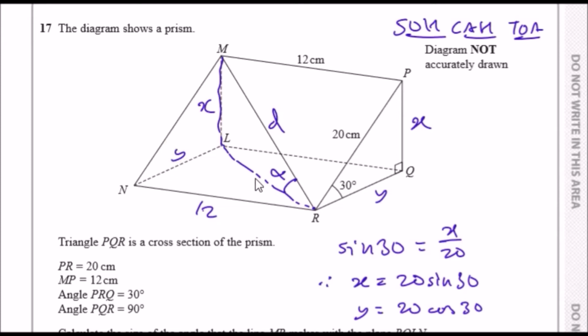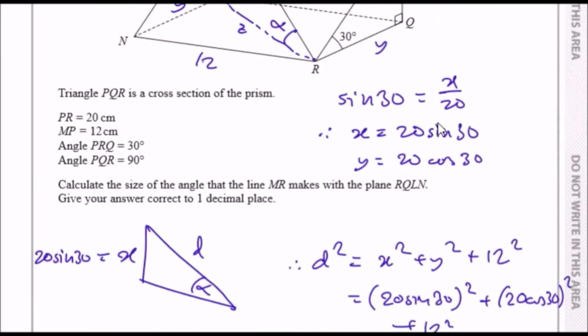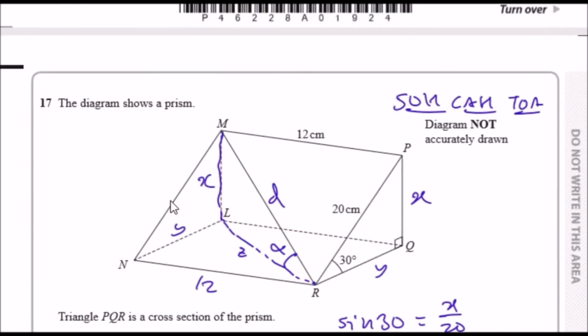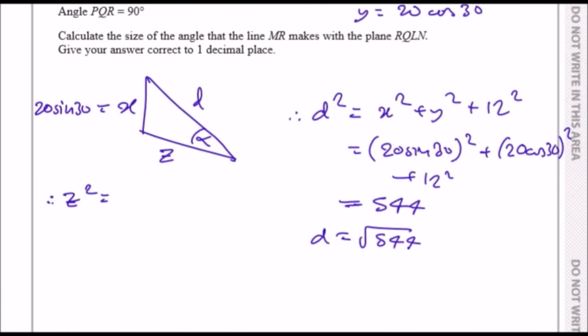Let's call this length z. So z squared equals, oh god, I keep forgetting, y squared plus 12 squared. Now we remember that y was 20 cos 30, so 20 cos 30 squared plus 12 squared. What does that give us?